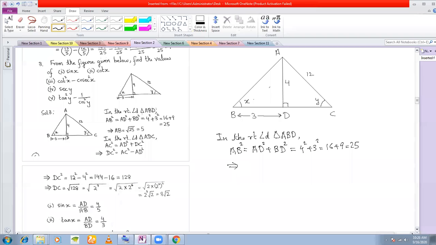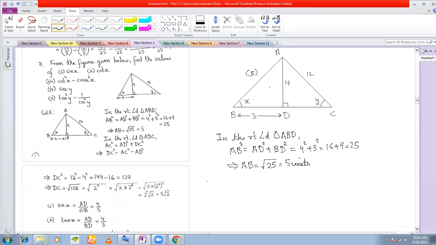So that means AB here is square root of 25, which is 5 units, because no centimeter, meter, nothing is given. We'll simply take units, 5 units. So we've calculated the length of AB. Let us write it in brackets here, 5.